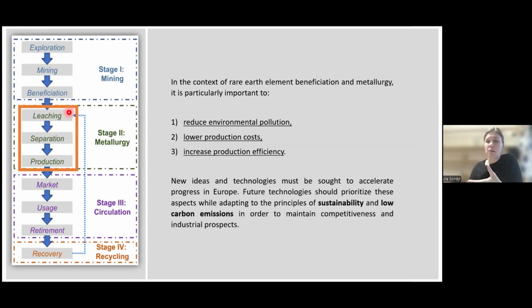Generally, these novel technologies should focus on utilization of cleaner, environmentally friendly reagents, on faster routes of production to lower the cost of production, and to increase the efficiency. And it's important to remember that these future technologies should adapt to the principles of sustainability and low carbon emission in order to maintain competitiveness and industrial prospects.